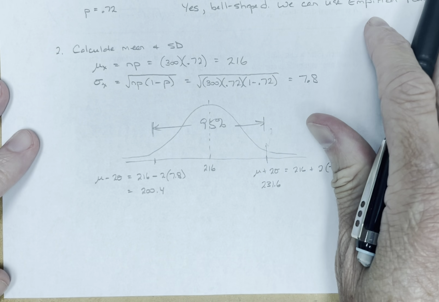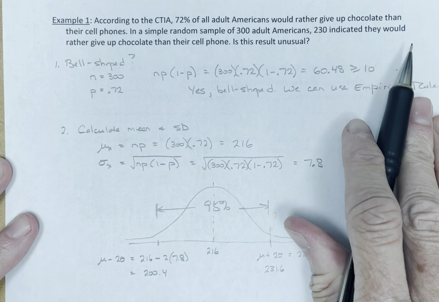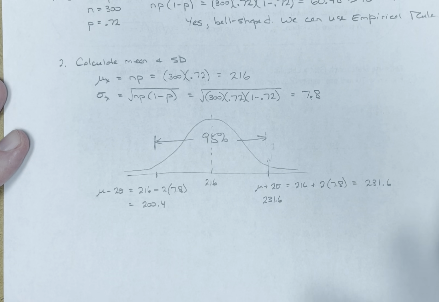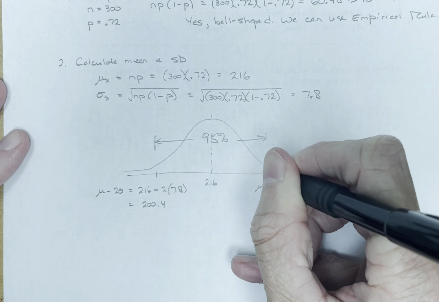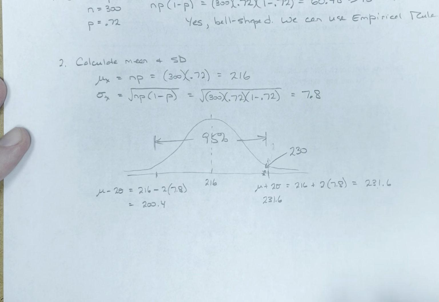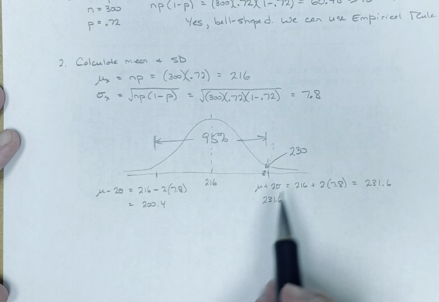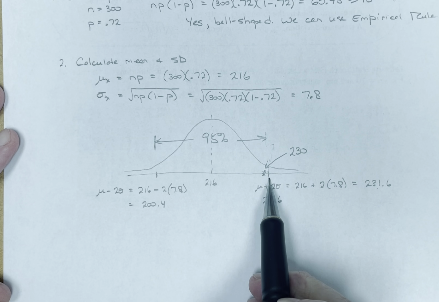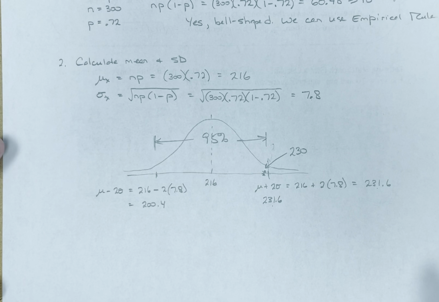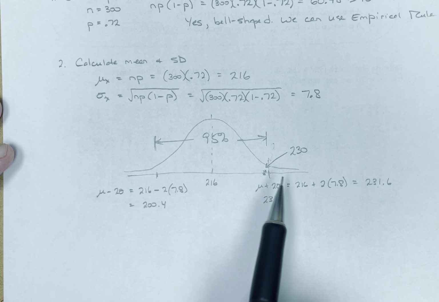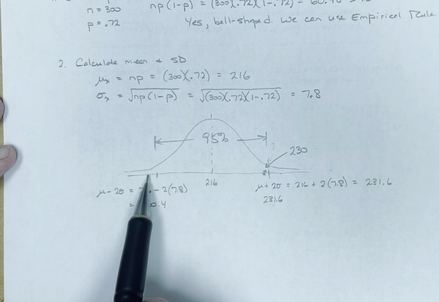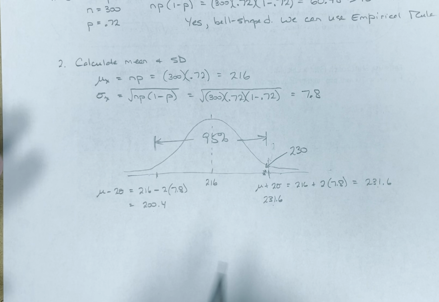So where does 230 fall? In our picture, 230 falls right about here. That's inside. That's not beyond 231.6. So 230 would not be an unusual result. An unusual result is above 231.6 adults or below 200.4 adults.